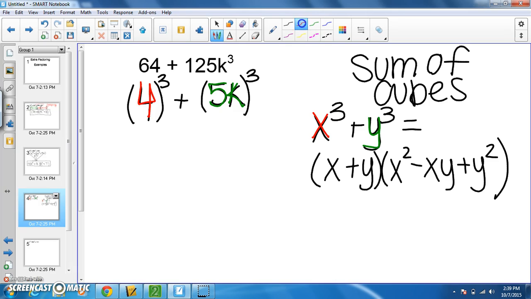So in order to factor this, wherever we see an x, we have 4, and wherever we see a y, we have 5k.